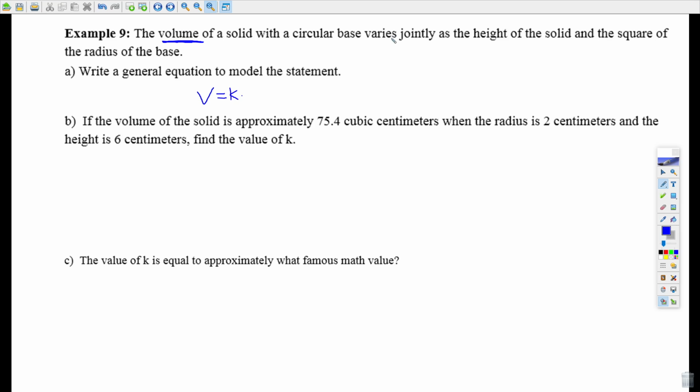Circular base varies jointly, that means multiply, so I'll put dots here. As the height, all right, that's pretty important, H, of the solid, and the square of the radius of the base. So squared is going to be radius, is going to be R, and then squared is 2.